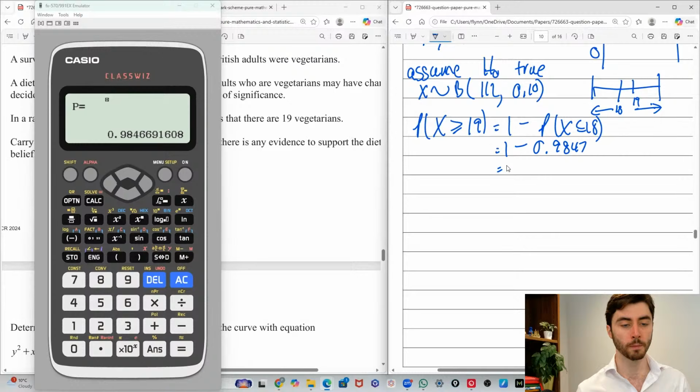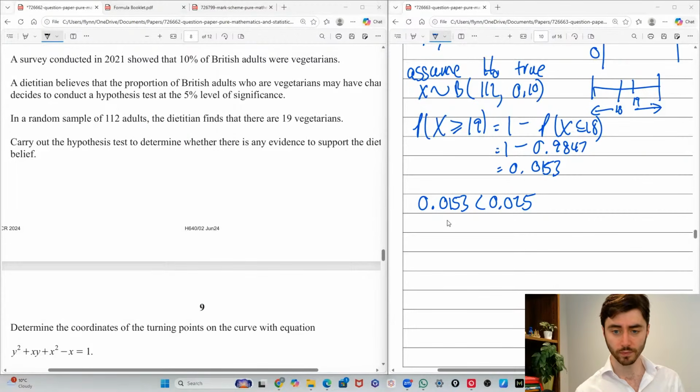So it's 0.9847, which would be 0.0153. That is less than the 0.025 I'm looking for significance. Therefore, reject H naught.